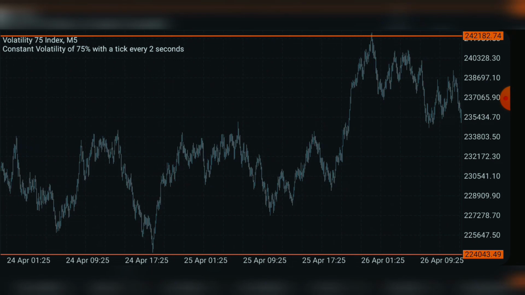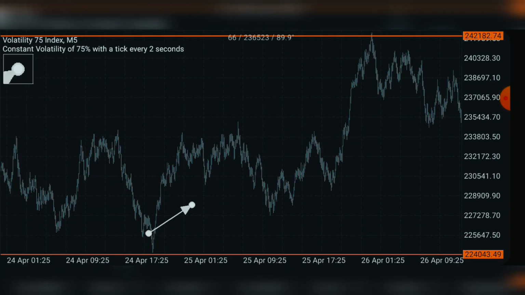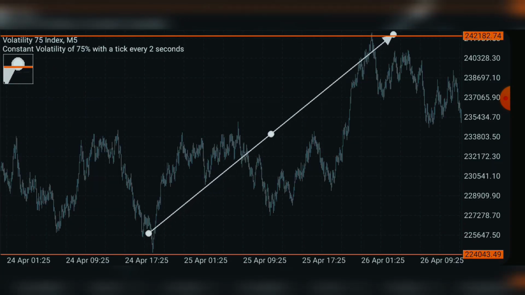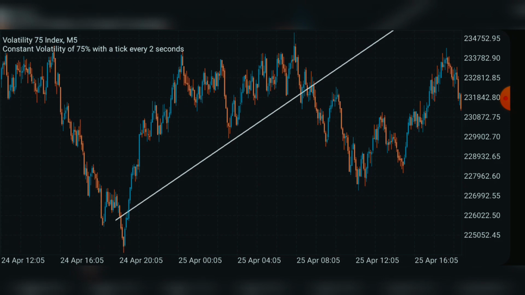This would be a range where price moved from the lowest point to the highest point before starting to break down.